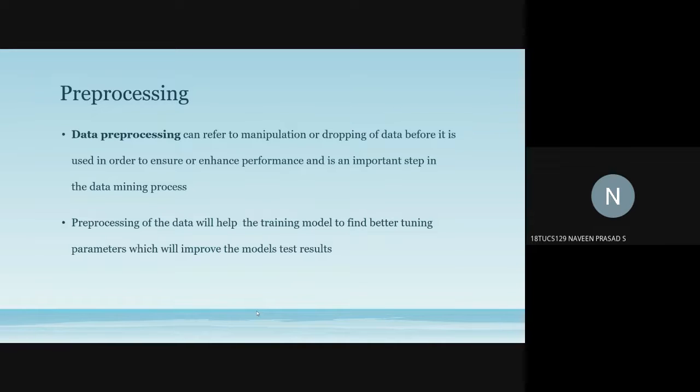In pre-processing, we fix irregularities like missing values to make the data set perfect, which in turn helps our training model work better. Next slide, please.